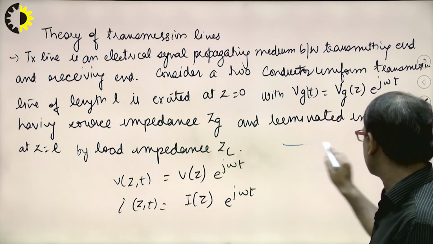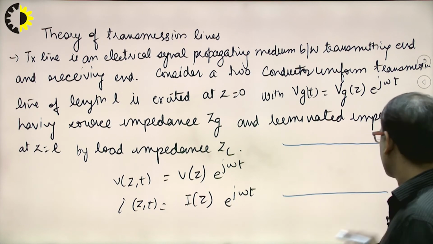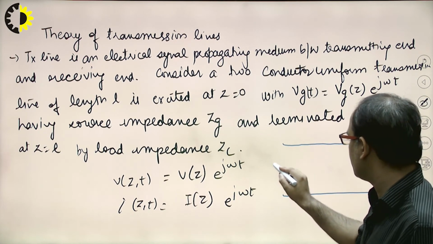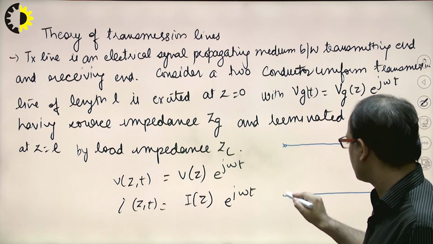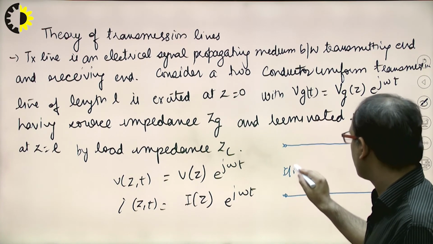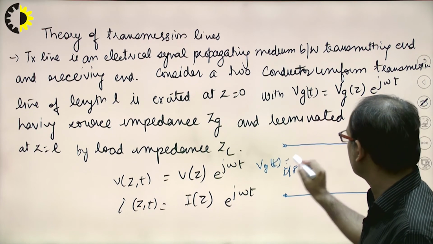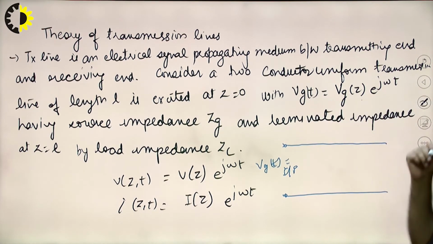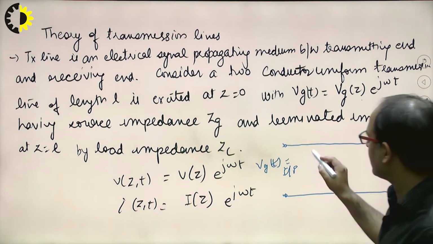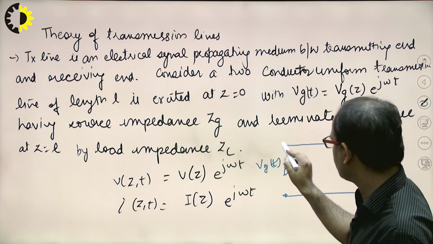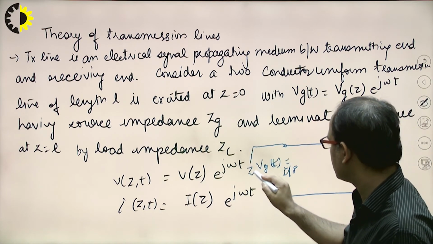Now let's say this one is a transmission line and this was the input. Here the input is Vg of t, that is equal to Vg e to the power j omega t, having a source impedance, that is Zg.